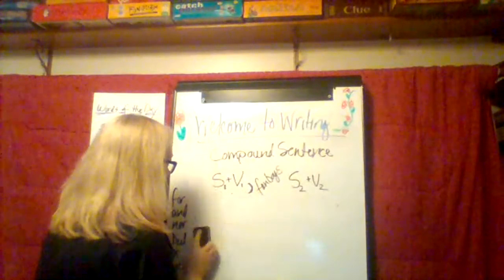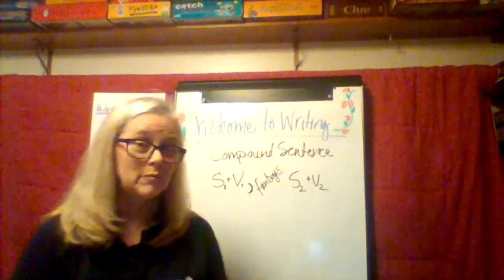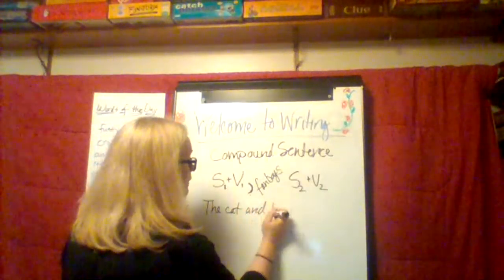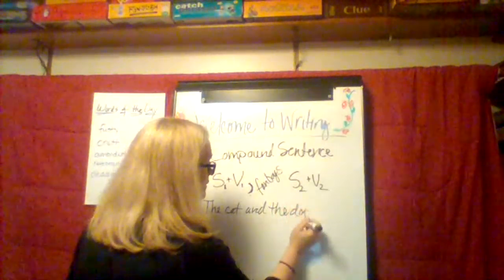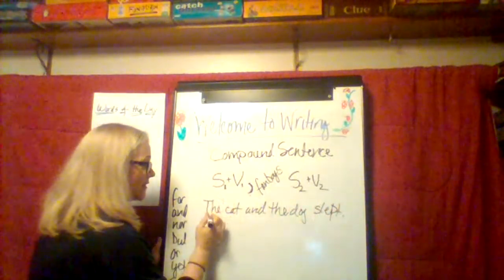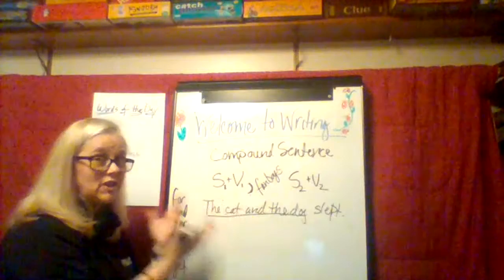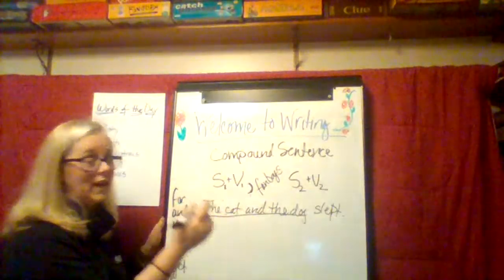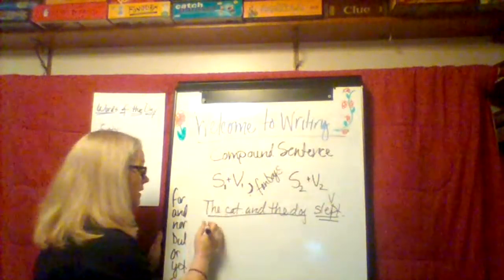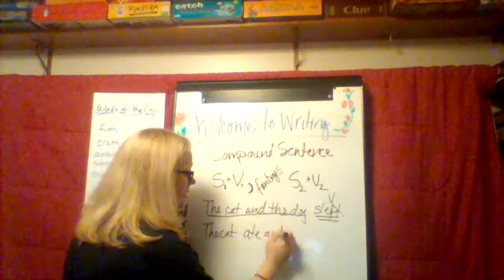Sometimes people get confused if they have a sentence with a compound subject. If I said, the cat and the dog slept, here's my subject, the cat and the dog. It's a compound subject. In the subject I have more than one noun, but I only have one verb. Sometimes people get confused if there are two verbs. The cat ate and slept.